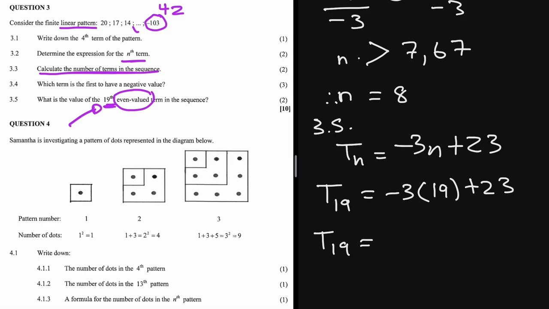Hopefully this value will be an even number, because I don't understand what the statement says when it says even value term. Okay, the value that we get is negative 34. That concludes what the statement was trying to say. So that is how we answer 3.5.